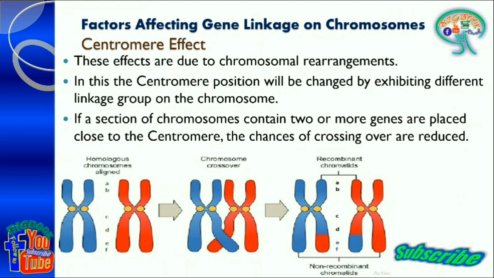So here, during this stage, different shapes of the chromosomes can be observed. Different homologous pairing shapes can be observed. Those are going to form depending upon the genes arranged within the chromosomes. As we have spoken already, these effects are due to chromosomal rearrangements.